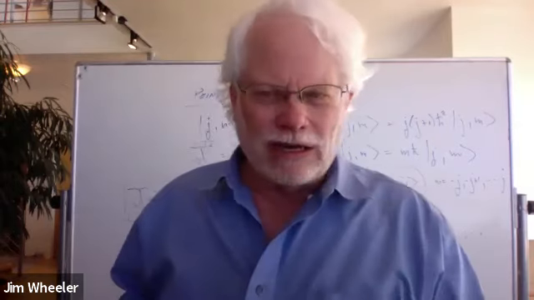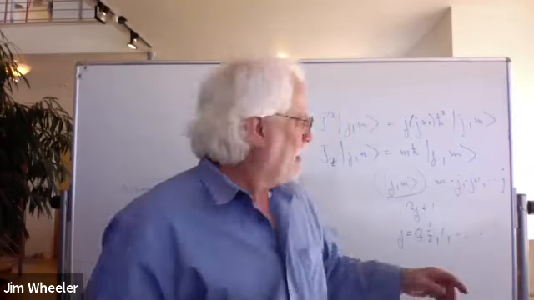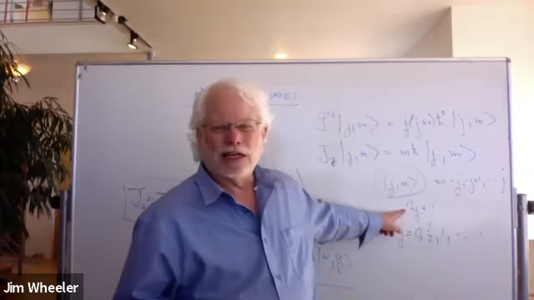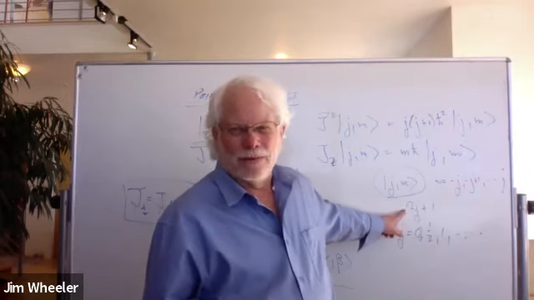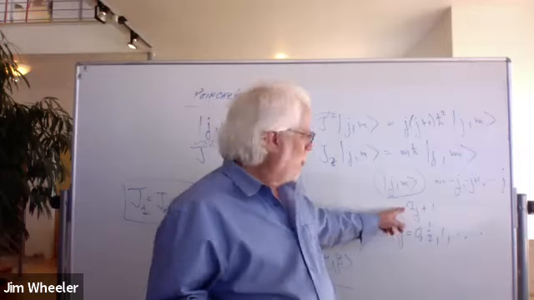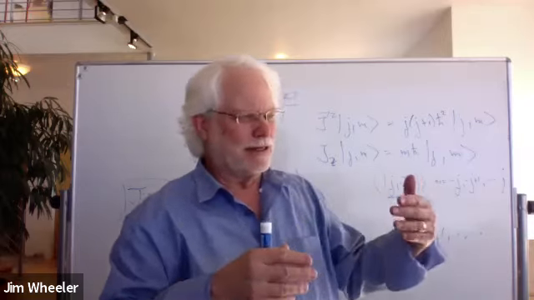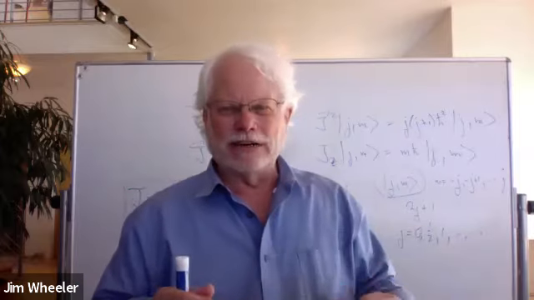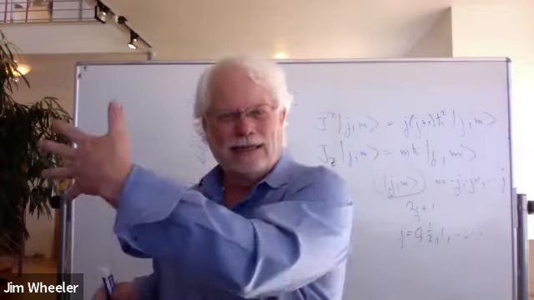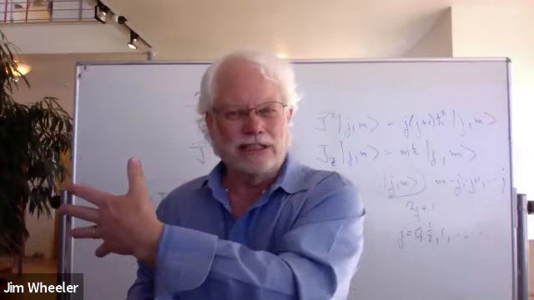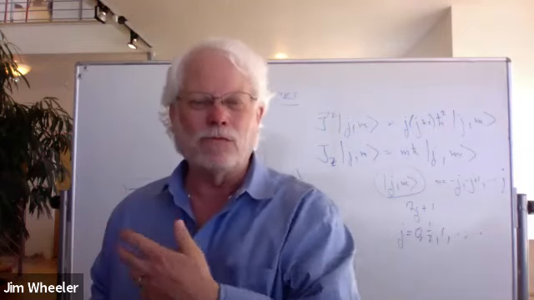You know, this really baffled Stern and Gerlach. Stern and Gerlach were trying to show this 2j plus 1 relationship for some atom, and they didn't know about spin. They put an inhomogeneous magnetic field on an atom, and they get 5 dots if it has an angular momentum of 2, or 3 dots if it has an angular momentum of 1.